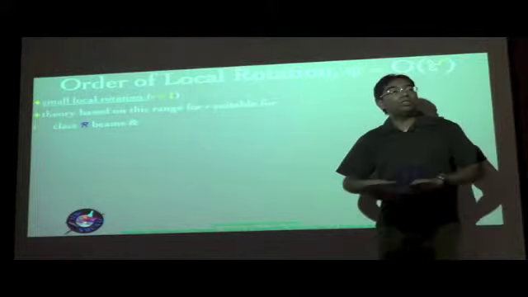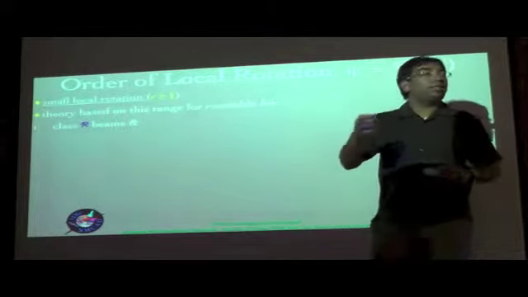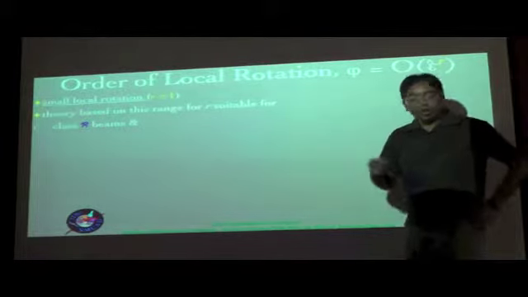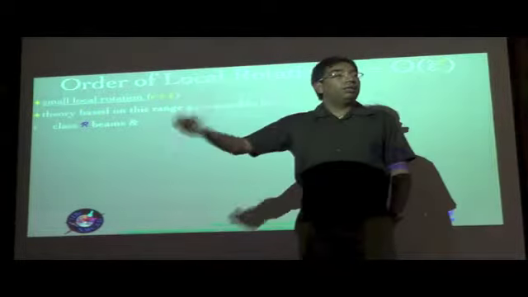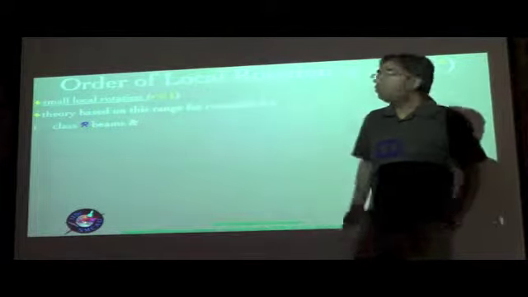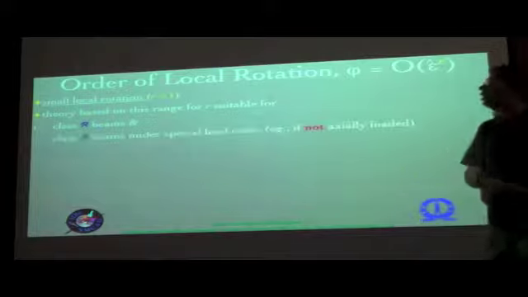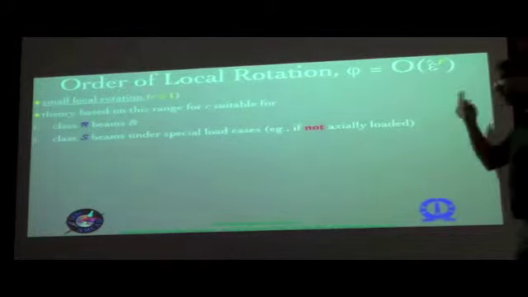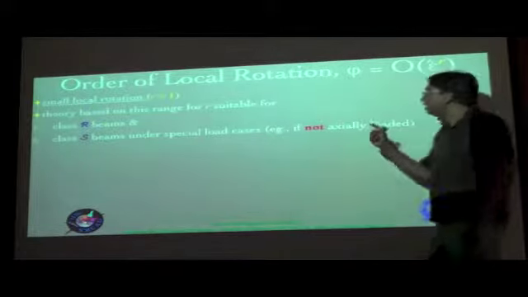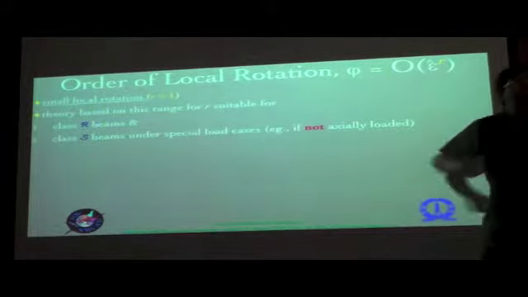In such situations, the local rotations even in an S class beam would not be large, and a small local rotation assumption would not give highly erroneous results. They would be acceptable within engineering tolerances. So this is the second category, for which it could be applicable for class S beams under some special loading cases, for example, if it is not axially loaded.